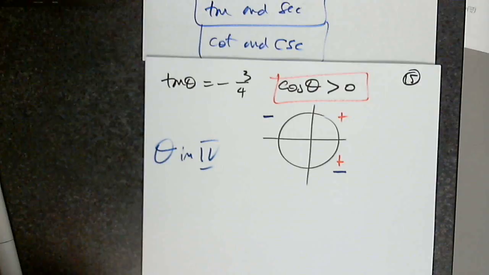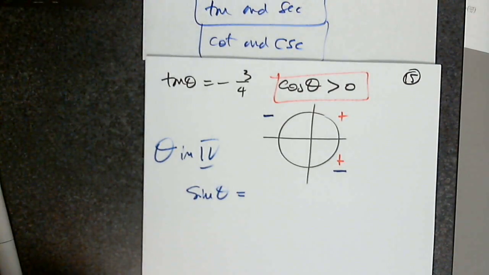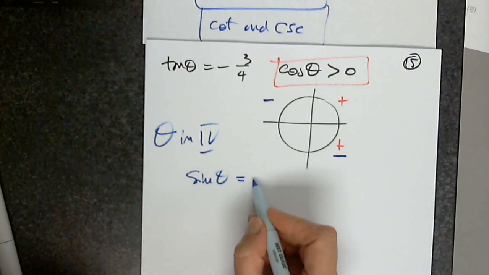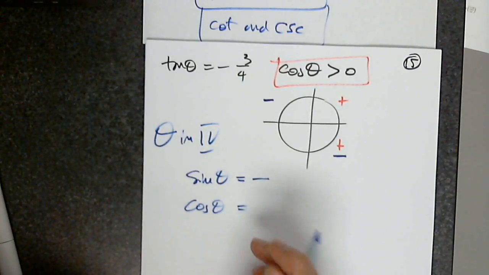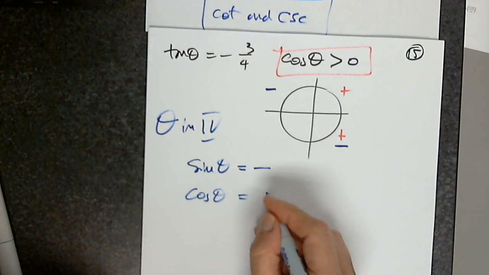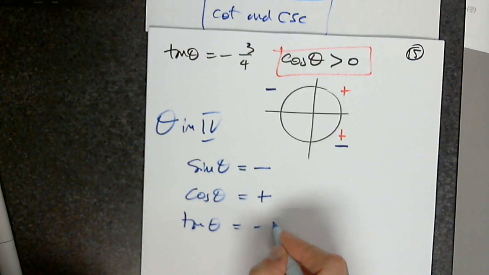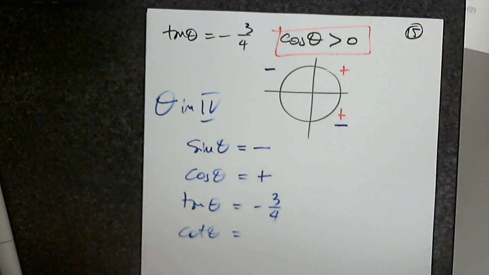Okay. If theta is in quadrant 4, sine theta will have which sign? Cosine theta will have which sign? Tangent is already there, but I'm going to list it again here. Cotangent in the fourth quadrant will have which sign?